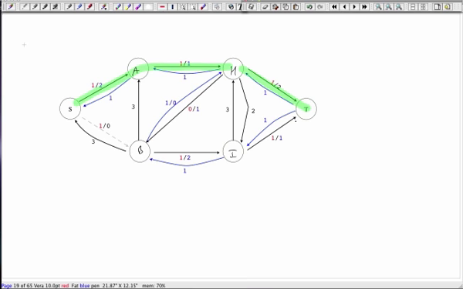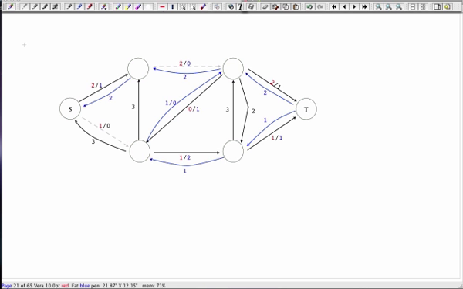Okay, so I'm going to skip the actual computation of the numbers, but this is how the graph results after you take that top green path. Now let's imagine we follow our algorithm, which is to find an augmenting path in this graph.